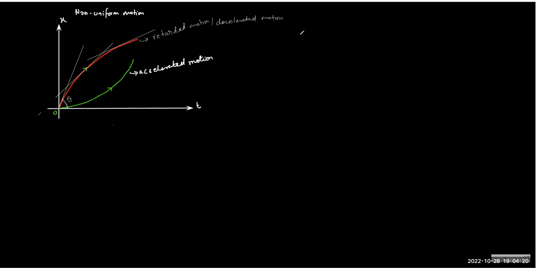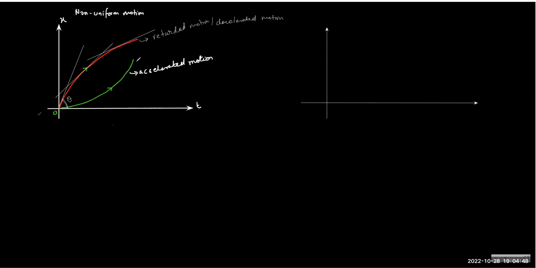Now, because in an xt graph x represents displacement, it could be above the t-axis, and we can also plot the graph below the t-axis. Every possible graph is possible. You can draw the way you want. So look at this graph. Okay, now one more thing.